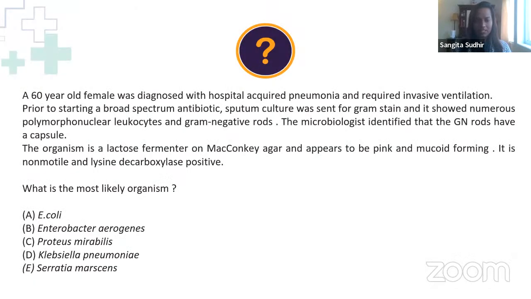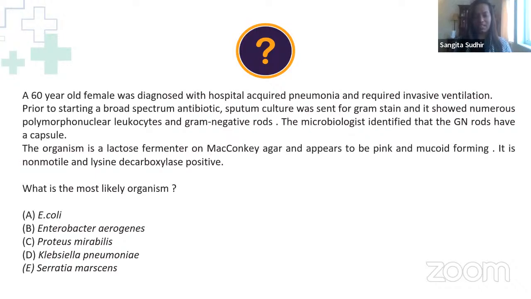Okay, next question. A 60-year-old female was diagnosed with hospital-acquired pneumonia and required invasive ventilation. Prior to starting a broad-spectrum antibiotic, a sputum culture was sent for Gram stain, and it showed numerous polymorphonuclear leukocytes and gram-negative rods. The microbiologists identified that the gram-negative rods have a capsule.